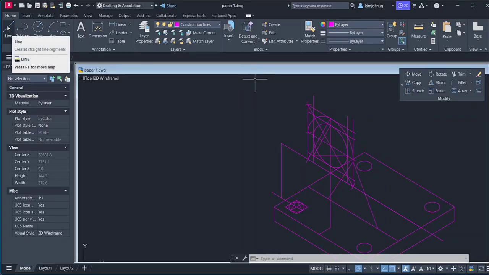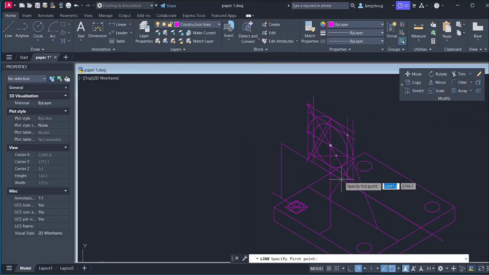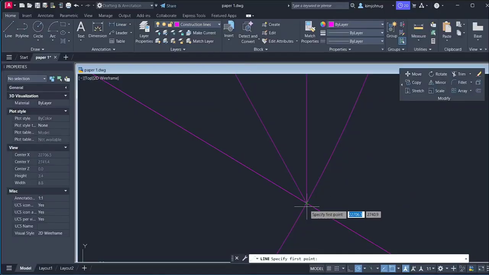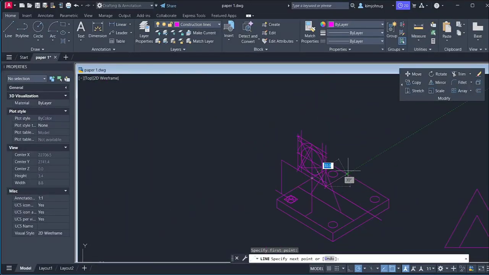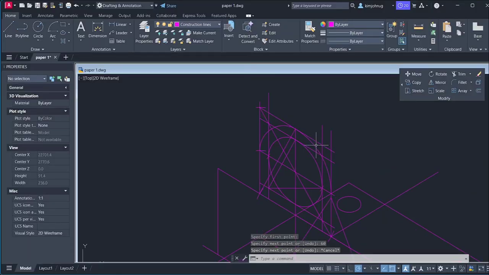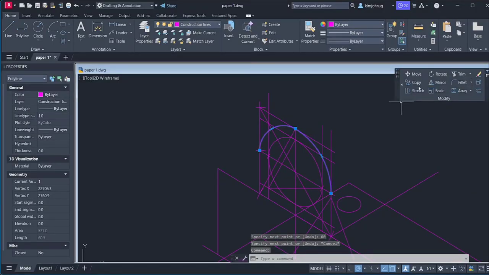Okay, so from here, this line has a distance, it's telling me 60. Telling me 60. So good thing, I'll just have to see this curve.